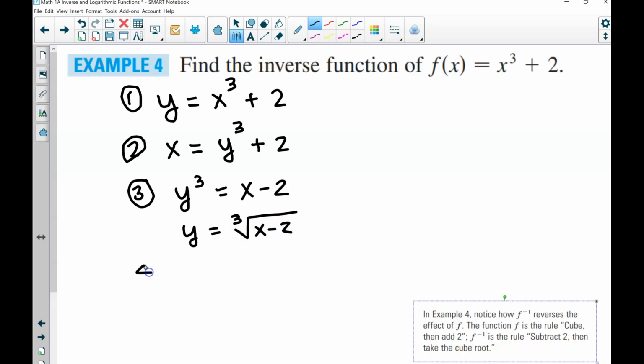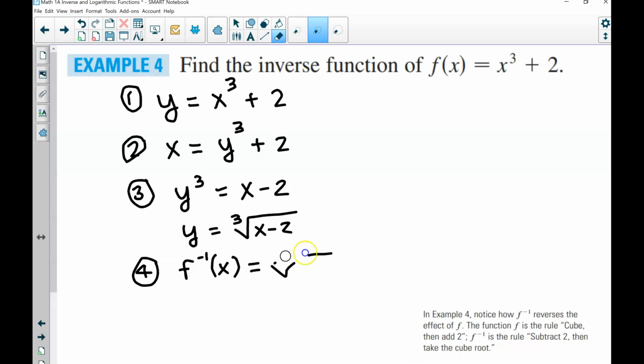And so we are almost finished, because now we're going to replace y to be f inverse. So now f inverse of x would then be the cube root of x minus 2.